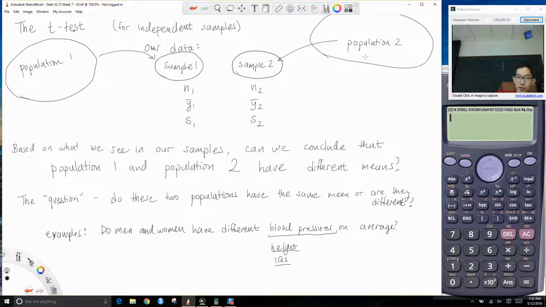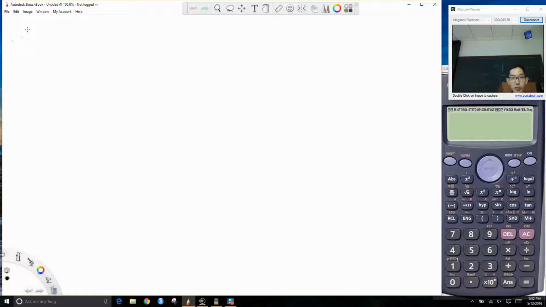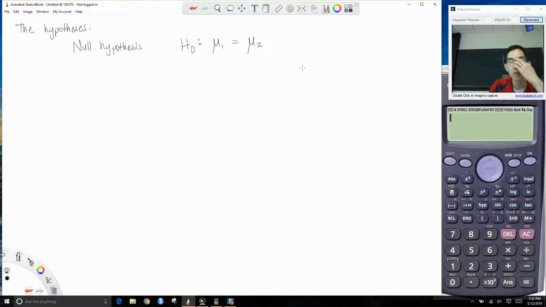So for the t-test, when we create our hypotheses, they are going to look like this. The null hypothesis is going to be written as the mean of population 1 is equal to the mean of population 2.